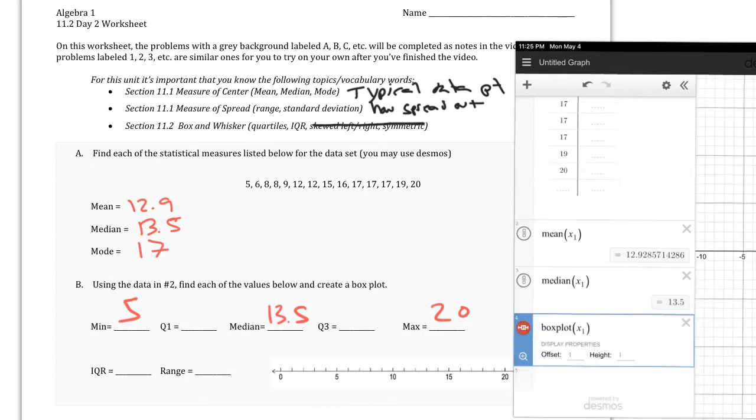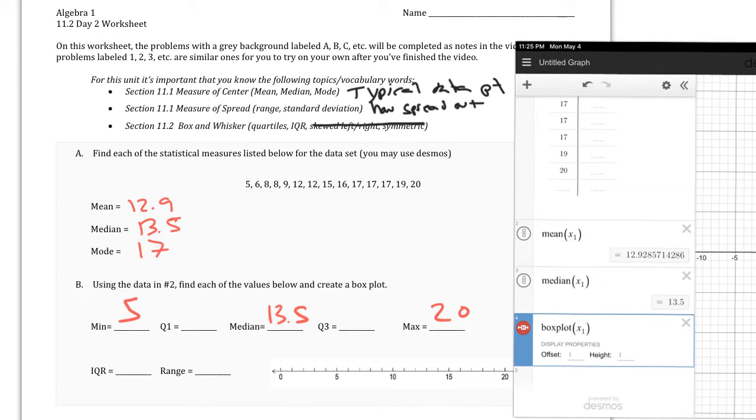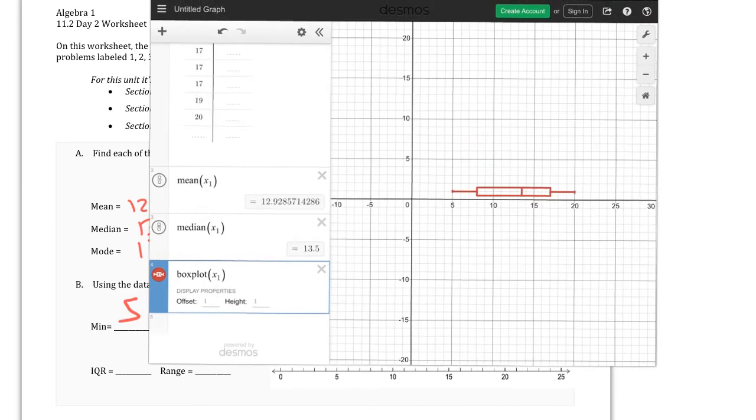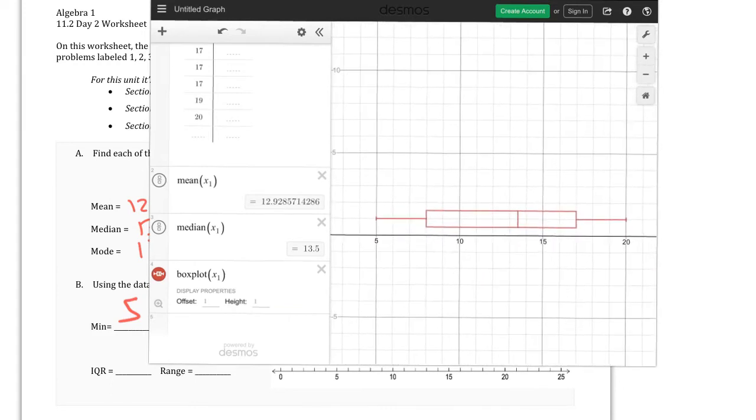And what we'll see here, then you hit the zoom to make zoom fit, and we will see that we get this box plot here. And when we zoom in on it, we can see that we have Q1 is at 8, and Q3 looks like it's at 17.